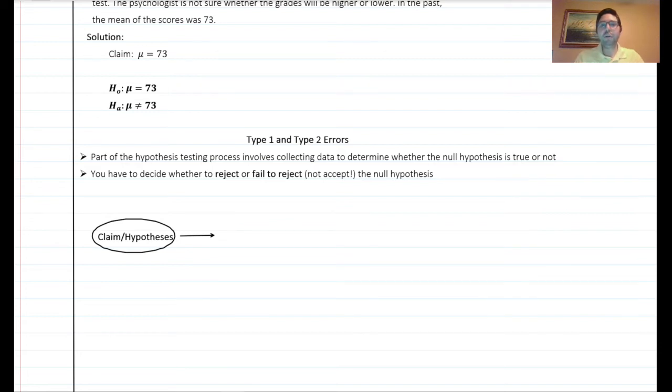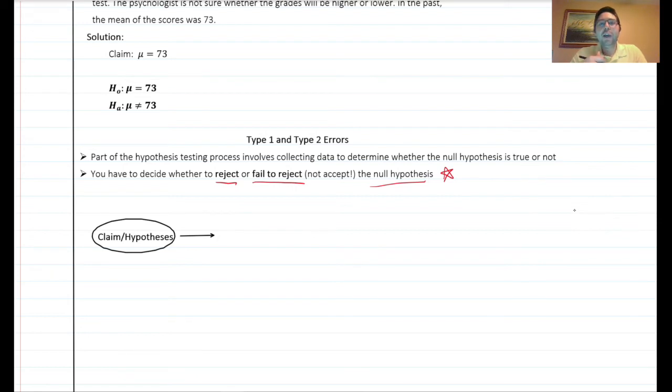So the goal is to either reject or fail to reject the null hypothesis. This is important. The end goal of the hypothesis testing process is to reject or fail to reject the null hypothesis. We never use "accept the null hypothesis." We usually use "fail to reject."